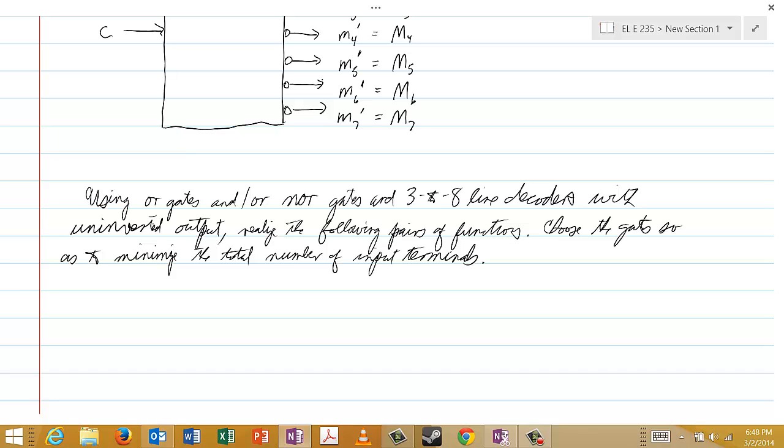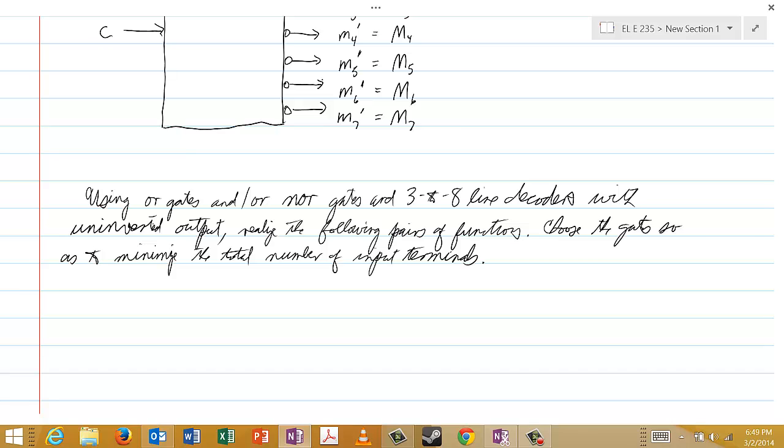This is the 2003 edition of that book, Digital Principles and Design, by Donald D. Givone. This book was used in the past in this course, 235, and I think it's a good book, and if you look in the library, you might find a copy there.